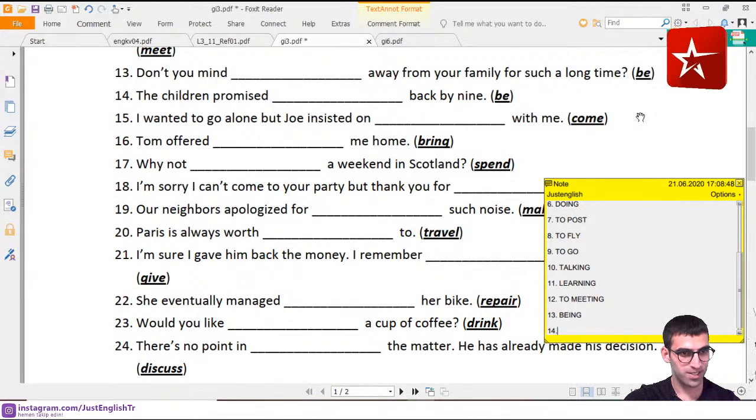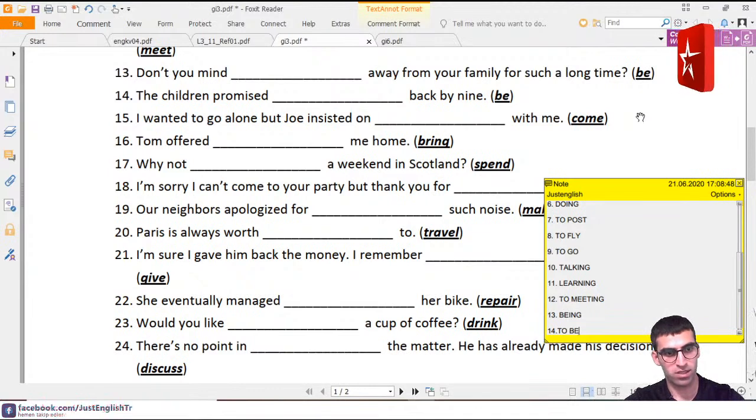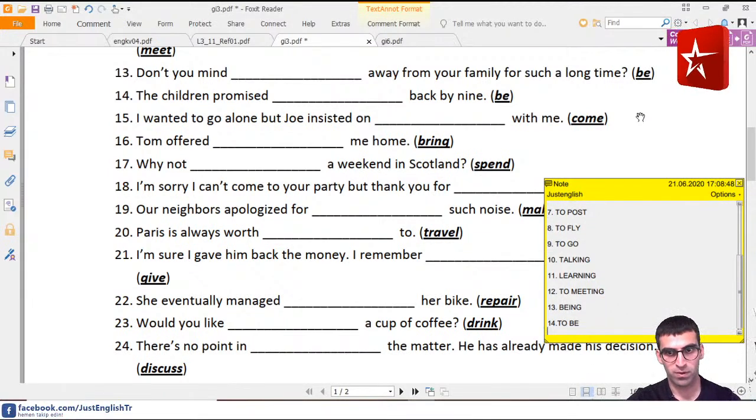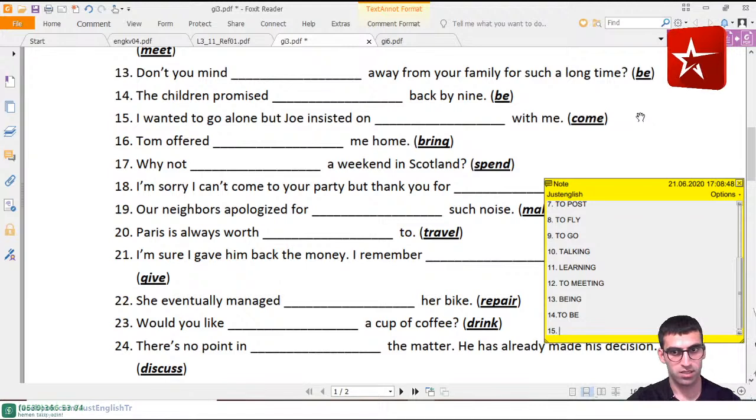Welcome, Nijat. Hi, folks. Hi, Nijat. Yes, number 14 is to be. The children promised to be back by 9. Back by 9, yes. To be is a correct answer for number 14. Yes. Thank you guys for your answers.